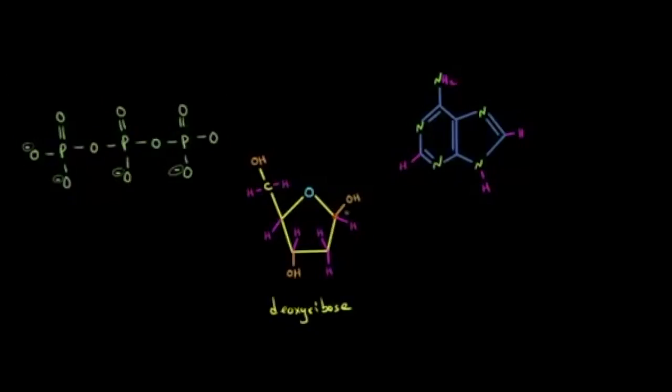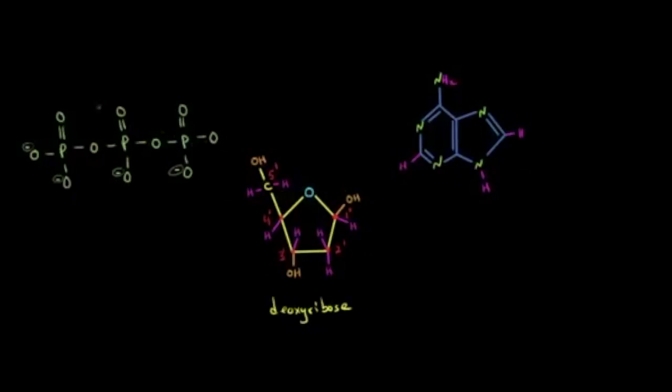This carbon is labeled 1 prime. Prime refers to that little apostrophe after the number. 2 prime, 3 prime, this carbon is 4 prime, and this carbon is 5 prime. And in case you're wondering why we need those primes, like why can't we just label the carbons carbon 1, 2, 3, 4, 5?